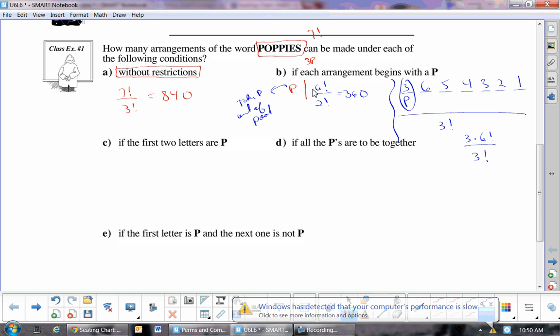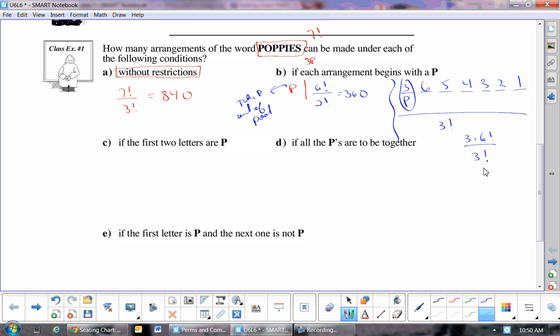How does this and this get the same answer? Does everybody see that 3 factorial is the same thing as 3 times 2 factorial? Do you see how you get the same answer? 6 factorial over 2 factorial.